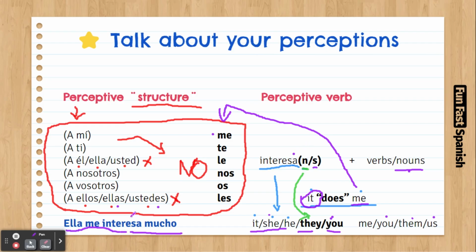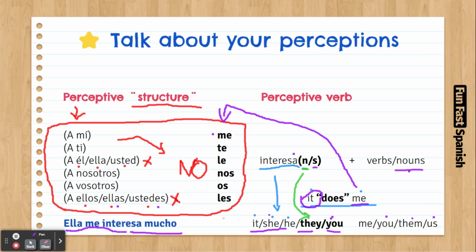You can also say me interesa mucho ella, o ella me interesa mucho. Me interesa. We use interesa because ella is a third person singular, right? Me interesa. Que ella me interesa. So that's a clear example.